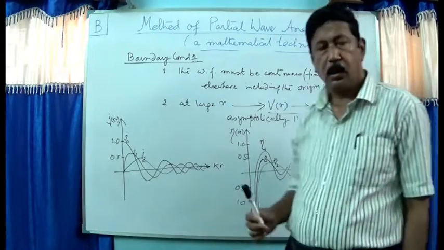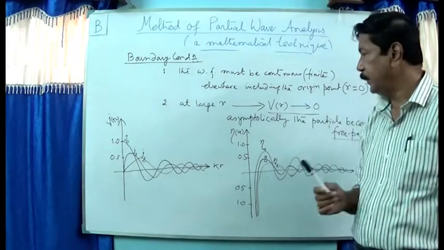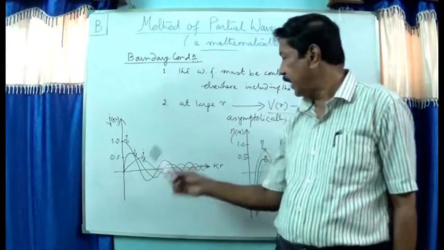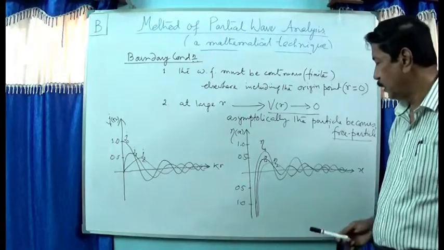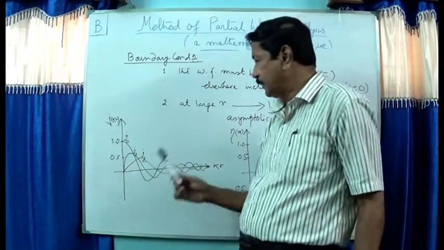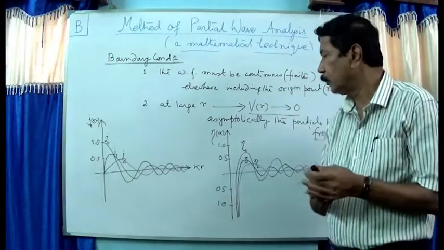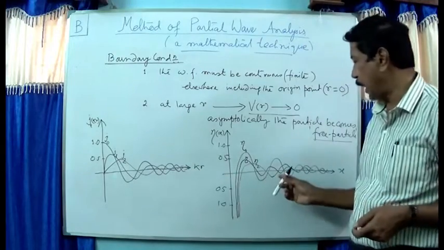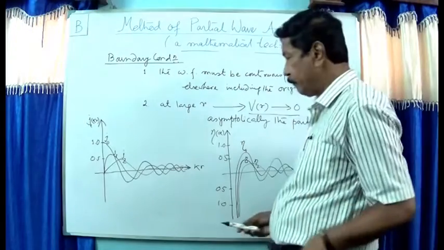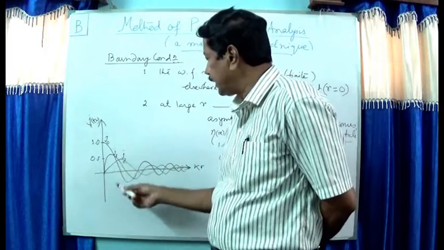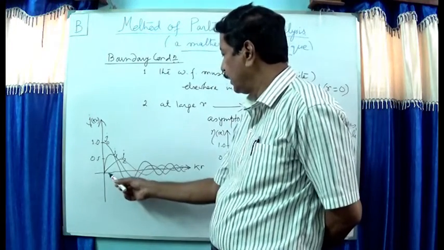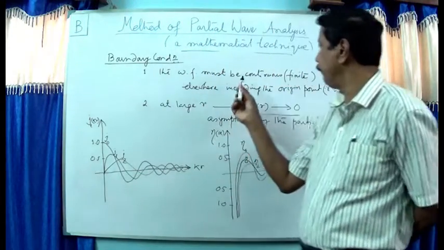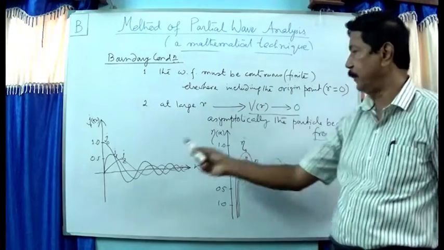Now, I tell you which one will be acceptable. Look at these two diagrams. For this J_L(KR), you see condition 1 is satisfied.